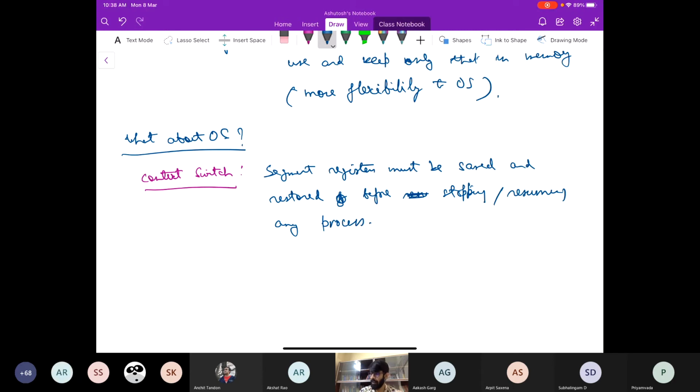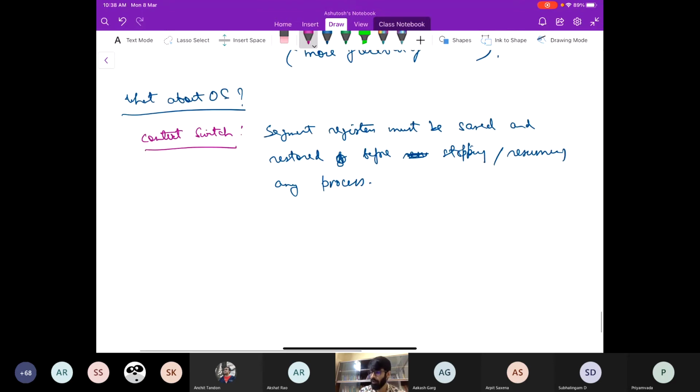You can get it from the context what those should do in case of context switch. All right. So now the question that Arpita was asking: what happens when a segment grows or shrinks?